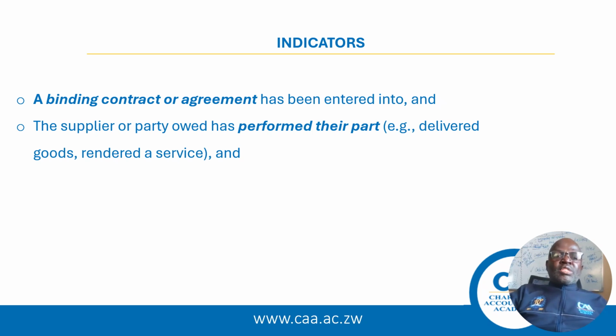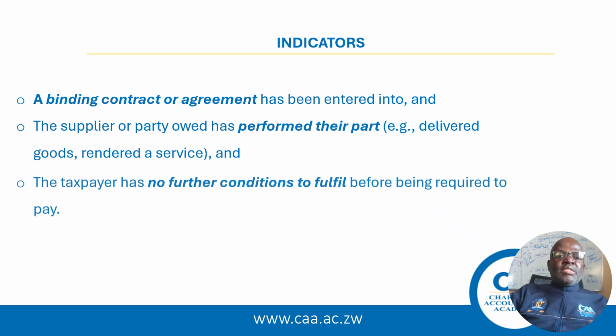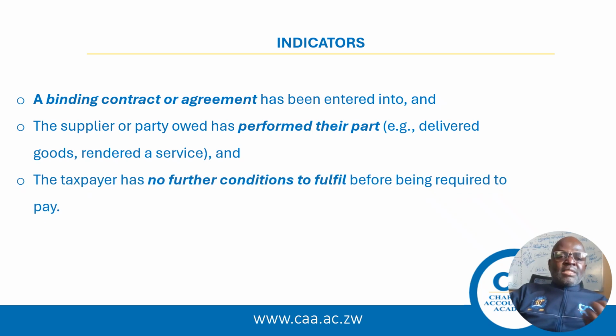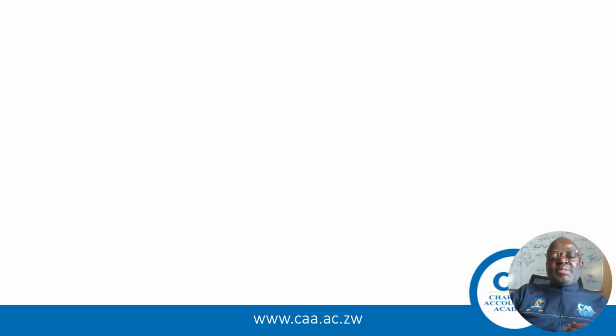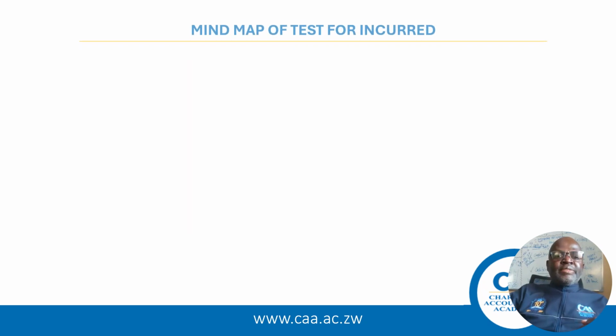And your supplier, or the one that is owed, has performed their part, if they delivered those goods or services, and the paying taxpayer has no further conditions to fulfill before being required to pay. Under such circumstances, we are saying, yes, there is an inescapable obligation.